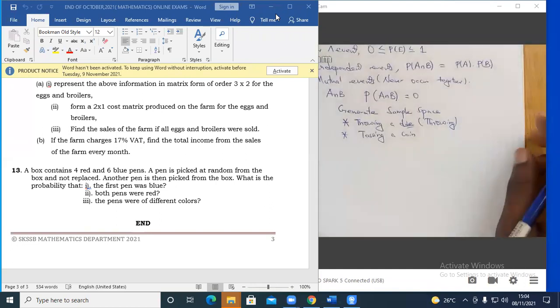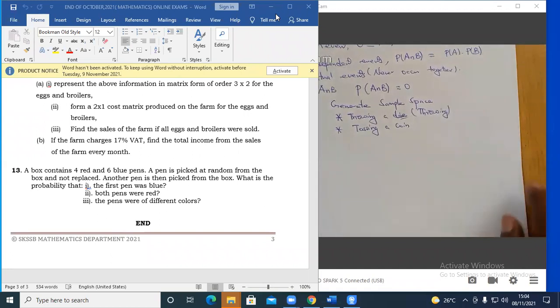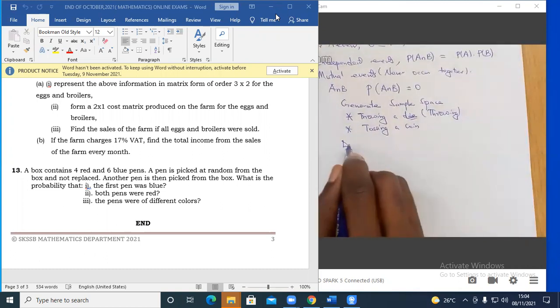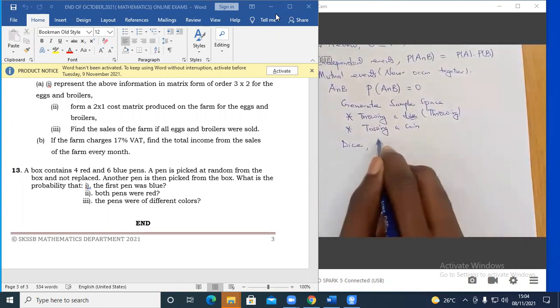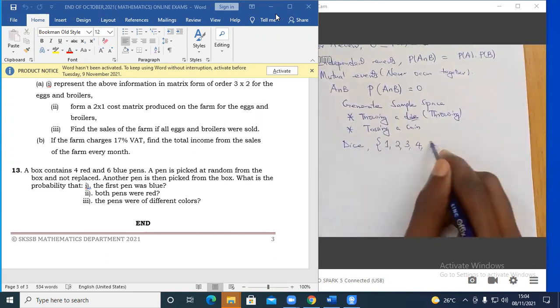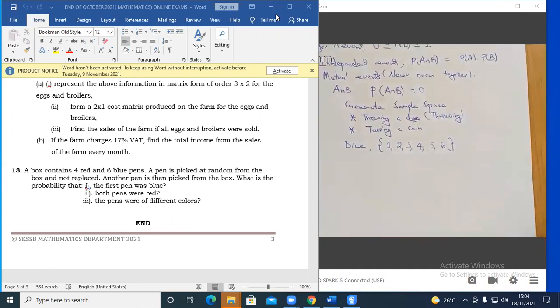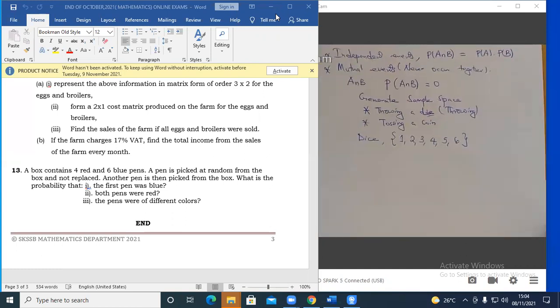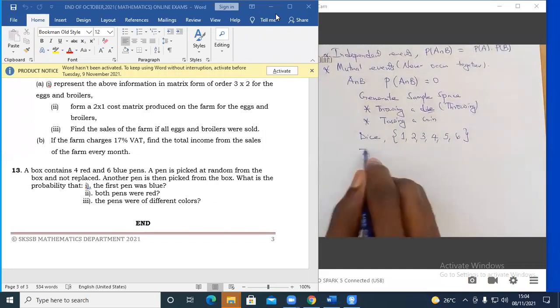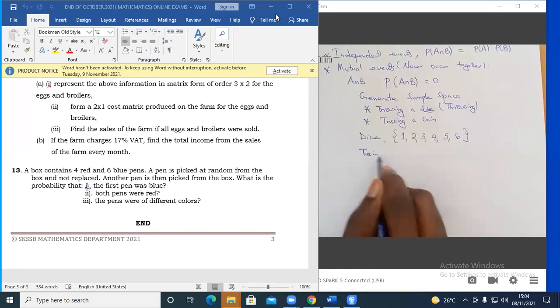So we said for a dice, what's the number of sample space members? A dice has 1, 2, 3, 4, 5, and 6, so six.